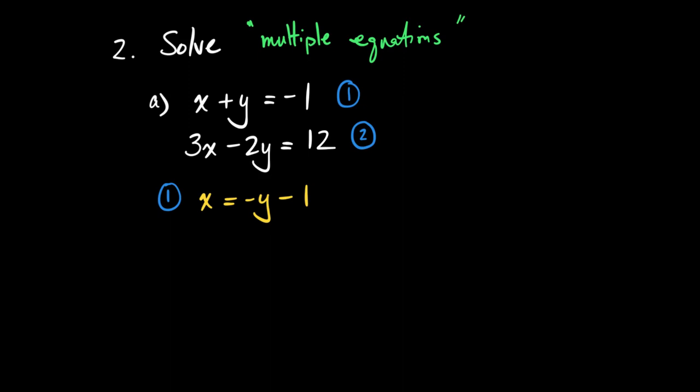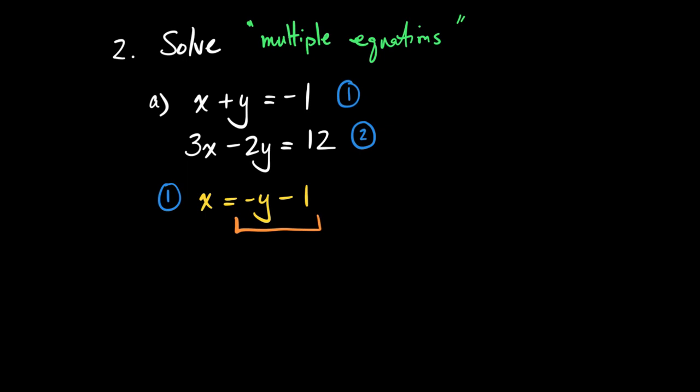Okay, now that I have equation 1 isolated for one of the variables, for x, I'm going to sub that into my other equation. What I just came up with, and what I just underlined there in orange, is what x is equal to. It's equal to negative y minus 1.